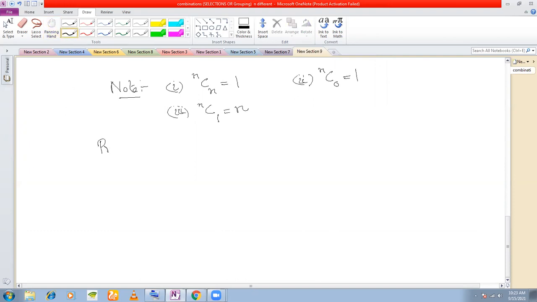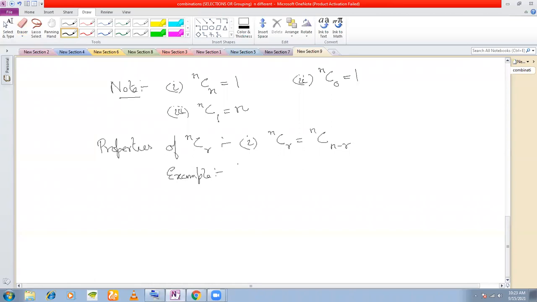Next is properties of NCR. The first property, a very important property which we shall be using, is NCR is equal to NC(N minus R). This is normally used to calculate where the values of n and r are very close.